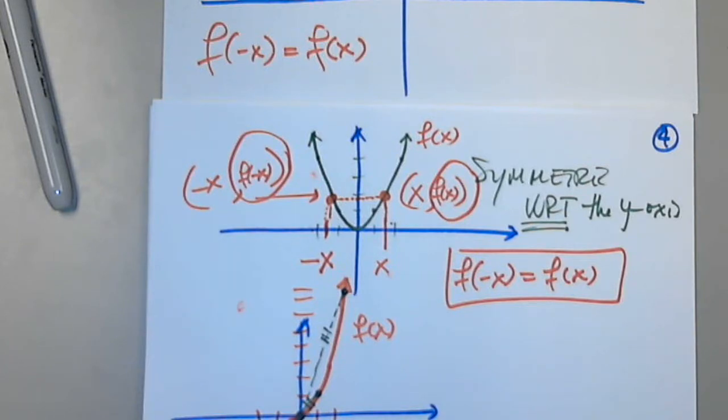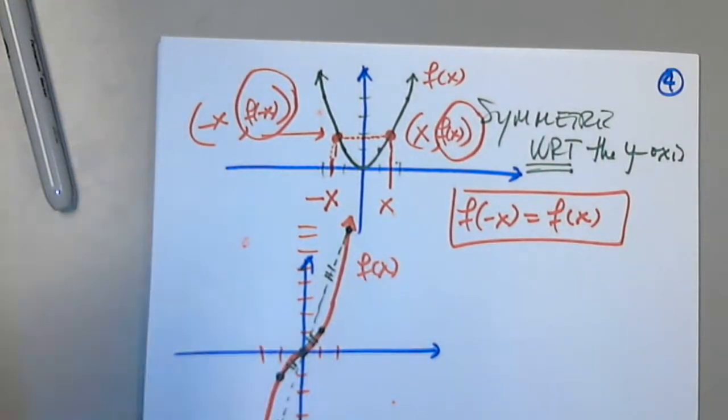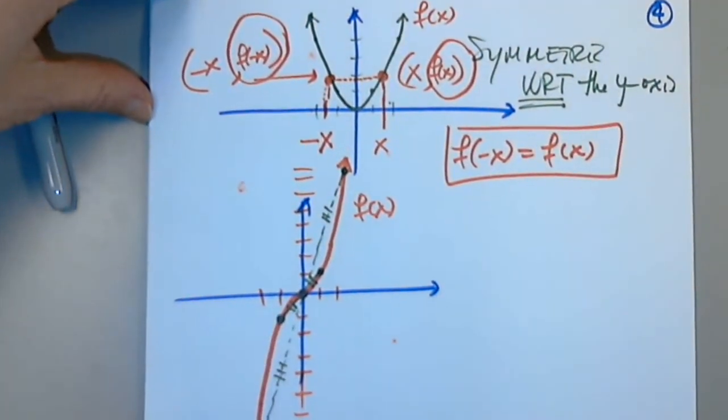So obviously this is another type of function that is symmetric, right? What type of symmetry is this? Obviously it's not with respect to the y-axis or with respect to the x-axis, but with respect to, what do you think?